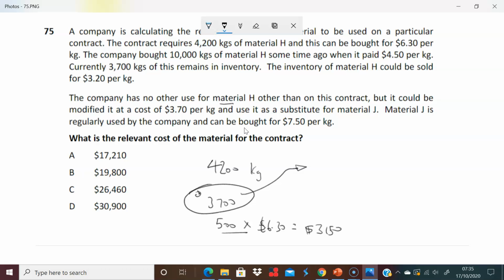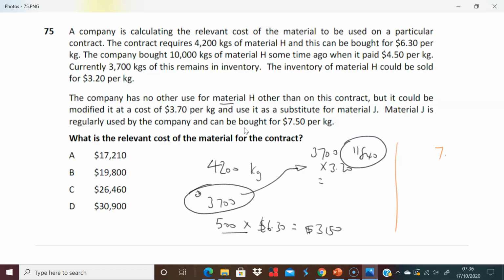They have no other use for this material, so I guess they have a number of options. They could sell it, 3,700 times £3.20, which gives you 11,840. So you have that option, or you have the option, I'll just change my pen color, to modify it and make a saving.